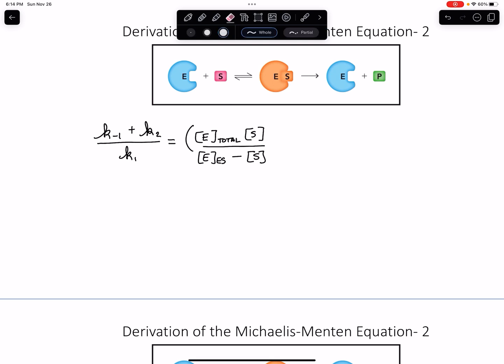So that's what we get when we rearrange it.